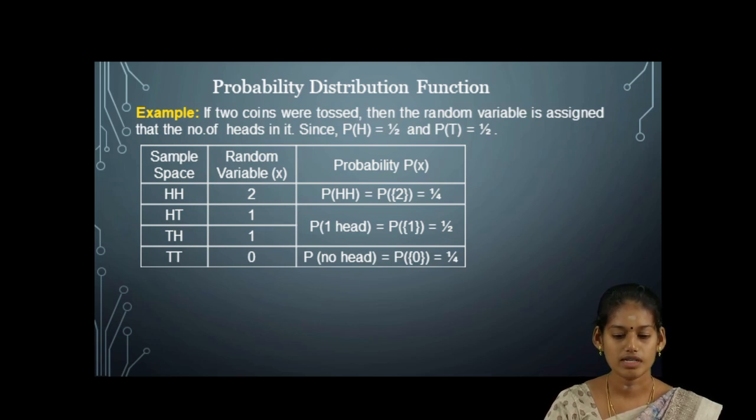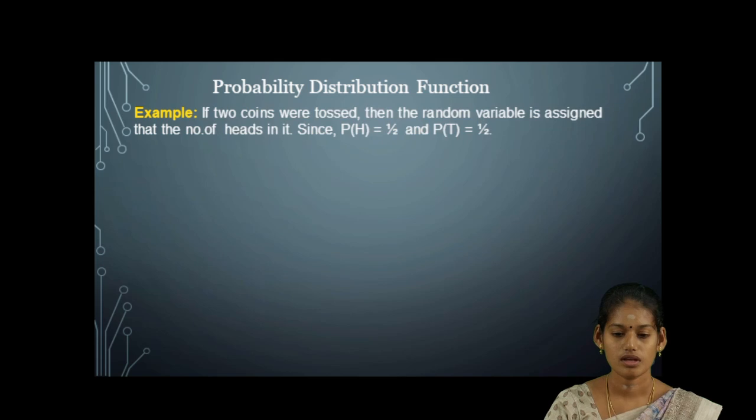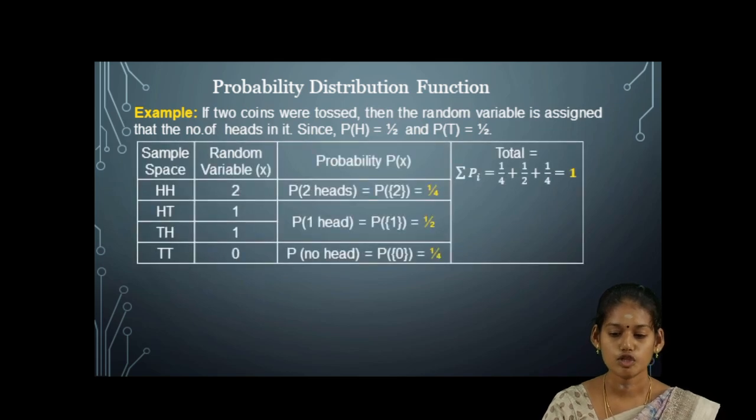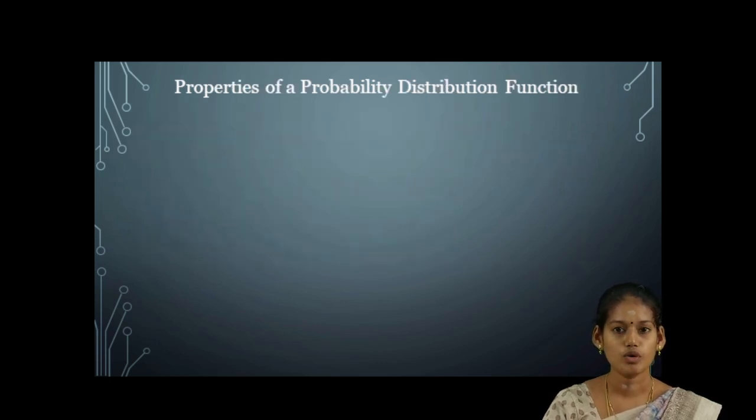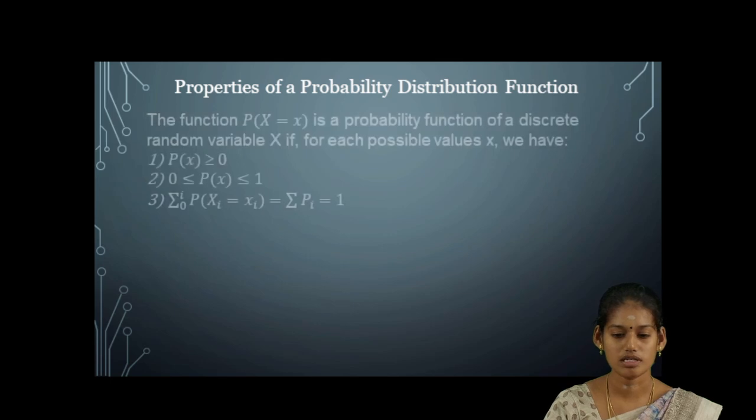And next, for TT, the probability of getting no head, P of 0, is also 1 by 4. So the total of the probability function will be 1 by 4 plus 1 by 2 plus 1 by 4, which is 1. And now we are going to see about the properties of the probability distribution function.